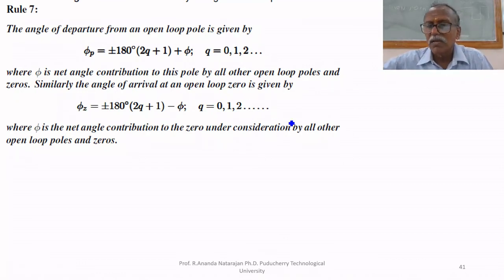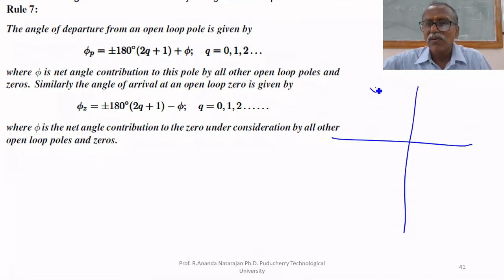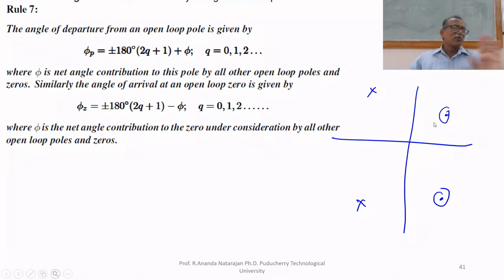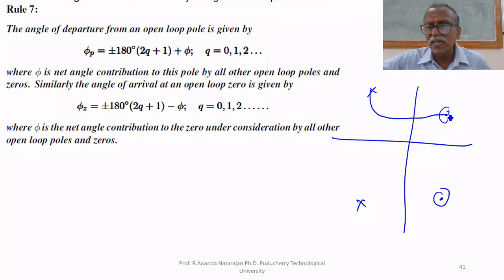For example, I have two complex poles and two complex zeros. This will come out and join here. At what angle does it come out? We have to find.